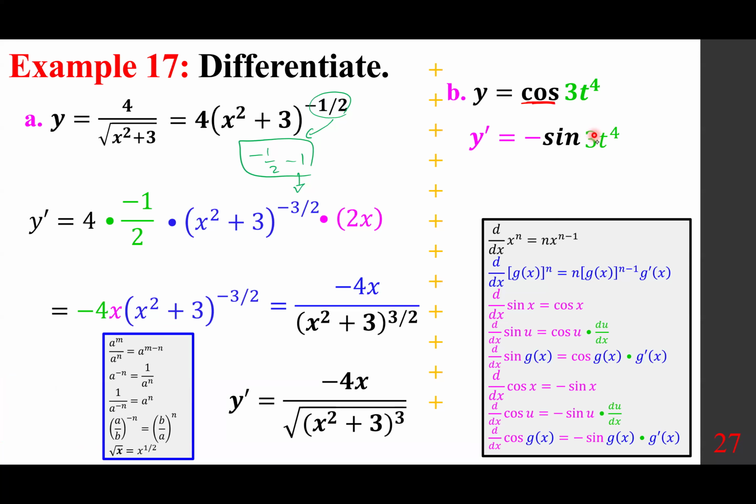And then by the chain rule, the derivative of the argument, which is 12t cubed, in essence, we are looking at the derivative of cosine of g of x is minus sine of g of x times g prime of x. This is g prime of t. And we put this in front. We get negative 12t cubed times sine of 3t to the power of 4.